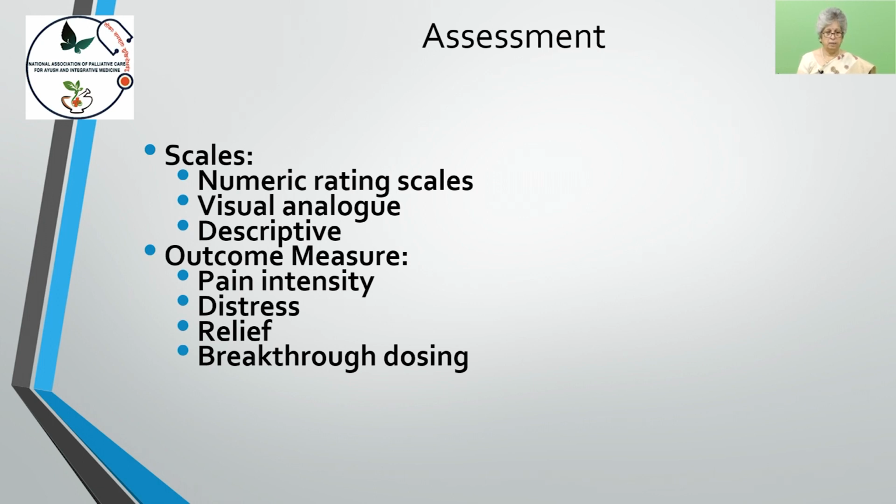There are many assessment scales, and from these scales you have to measure the intensity of the pain, how much distress the patient is getting because of pain, what relieves the pain, what the breakthrough pain is, and what the doses are. The scales available to assess pain are the numeric rating scale, the visual analog scale, and descriptive scales.